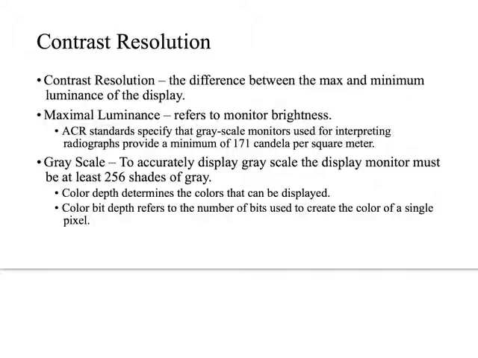The other thing that I think is very, very important to contrast resolution is the grayscale. So to accurately display grayscale, the display monitors must have at least 256 shades of gray. Now what's interesting about this, in this color depth and bit depth type thing, is we have a bit depth that goes much further than that on almost all images that we've looked at. And so we've talked about this.